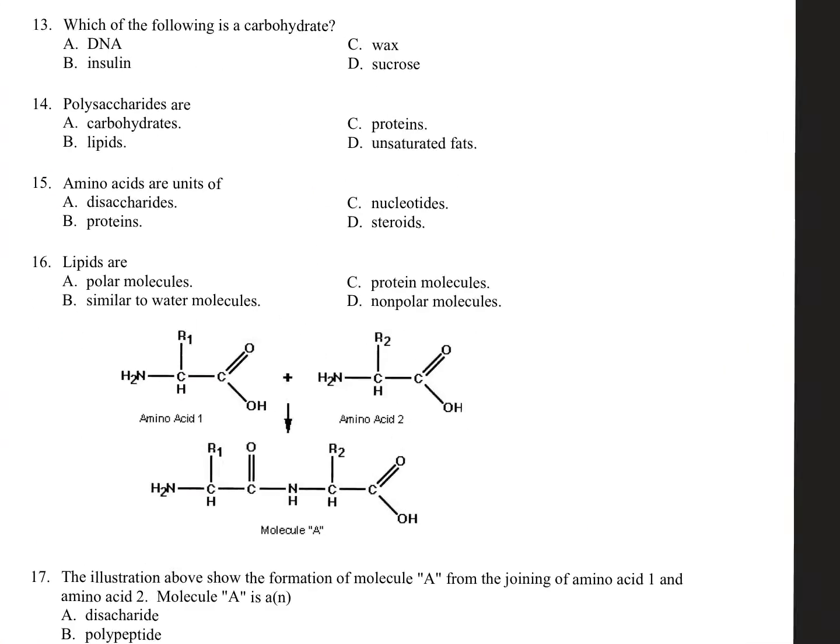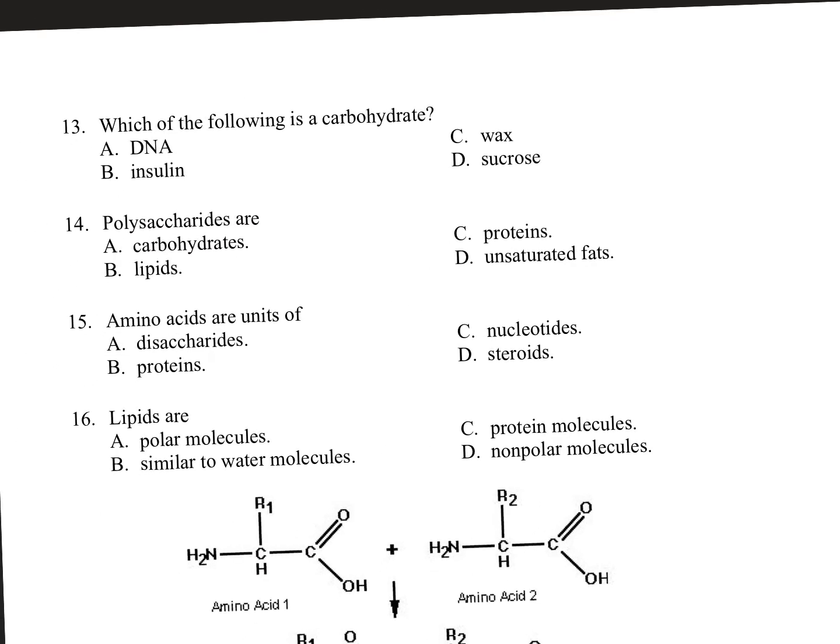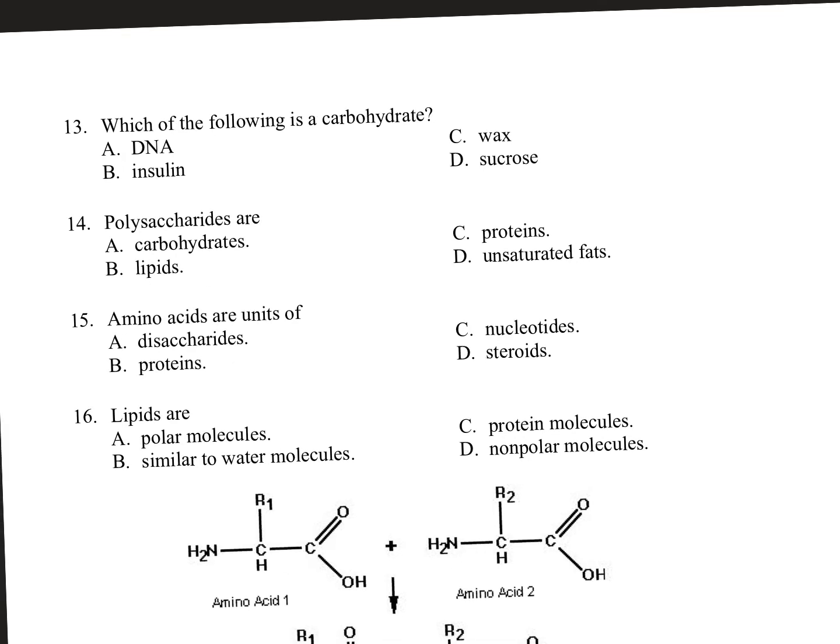All right. Here, which of the following is a carbohydrate? Well, we know it's not DNA because DNA is a what? A nucleic acid, I heard someone say, so that's not it. Insulin, I gave in class as an example of a protein. And DNA is nucleotide, or nucleic acid.